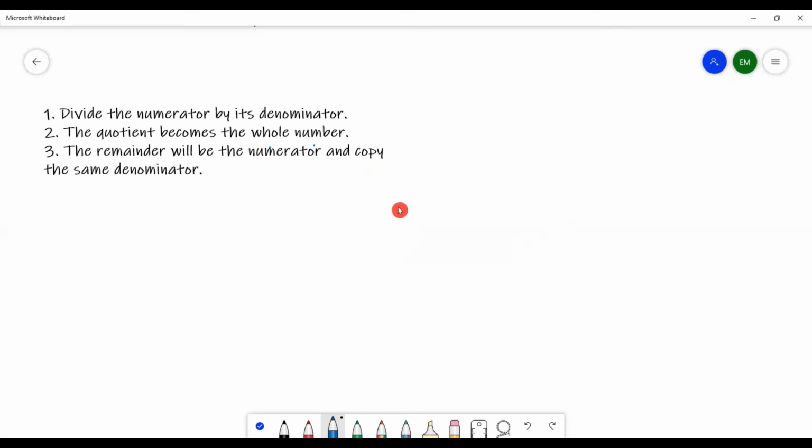Now let's change 9 over 4 into mixed number. First, we're going to divide the numerator by its denominator. So 9 divided by 4 is equal to 2. 2 times 4 is equal to 8. 9 minus 8 is equal to 1. Therefore, the quotient is 2 and the remainder is 1.